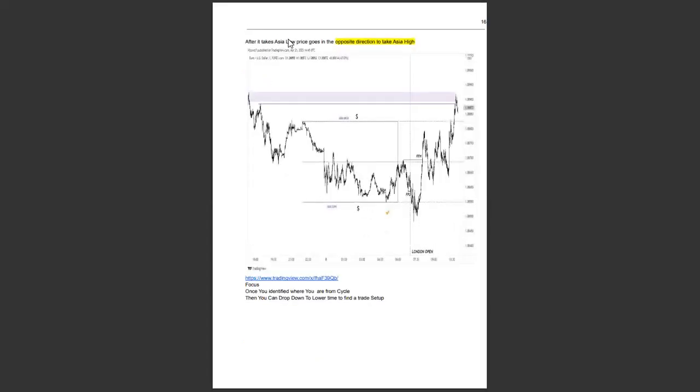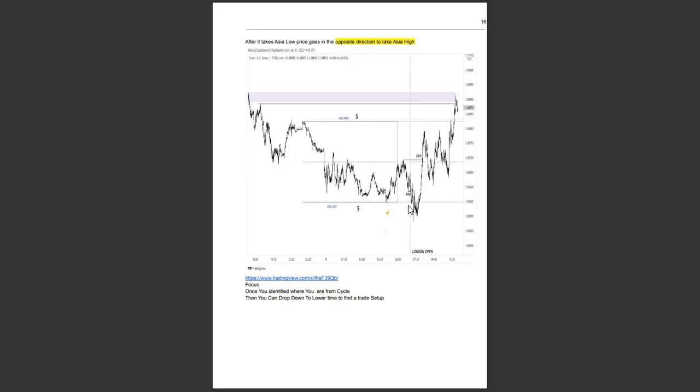After it takes the Asian low, price goes in the opposite direction to take the Asian high, right?